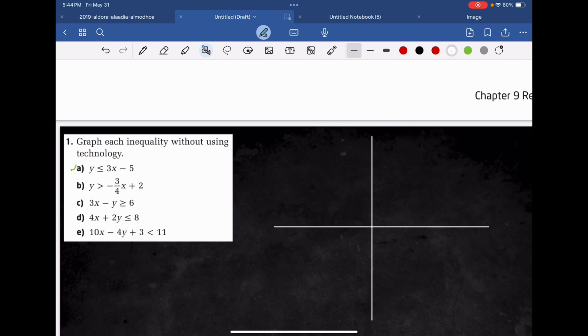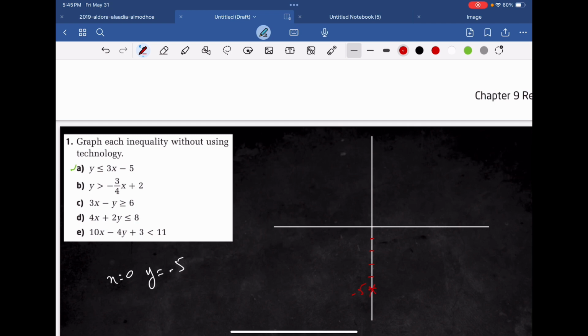For example, I will set x is 0. How much will y be? If x is equal to 0, y will be minus 5. So this will be my first point. So 0, minus 5. So minus 1, minus 2, minus 3, minus 4, minus 5. This is my 5. So this is my first point.